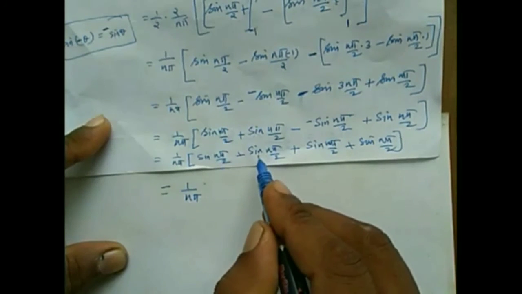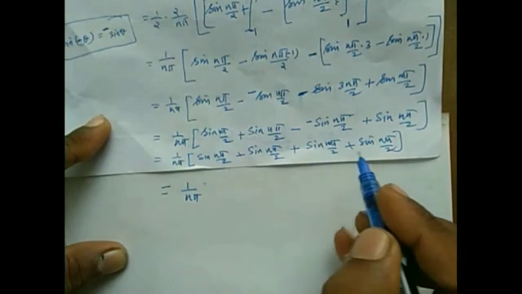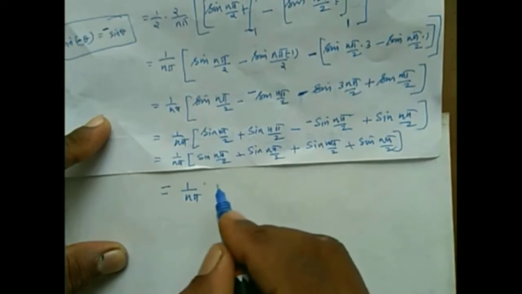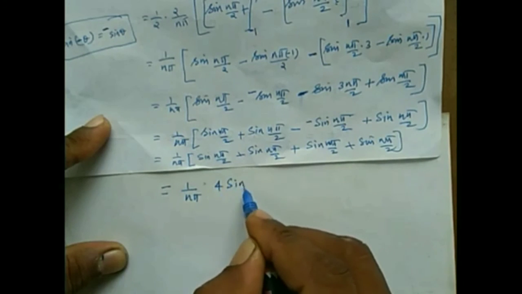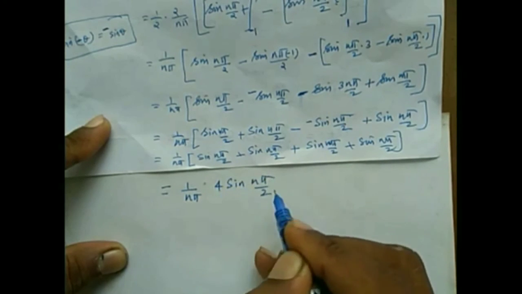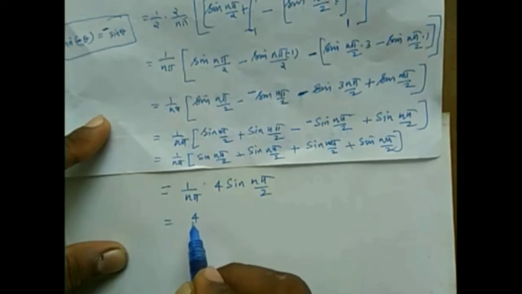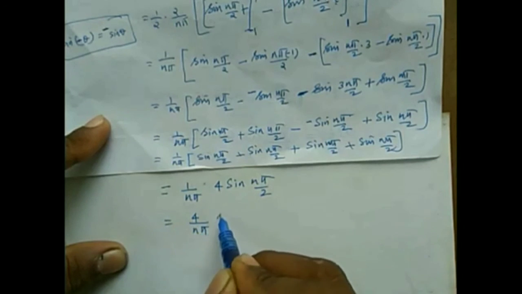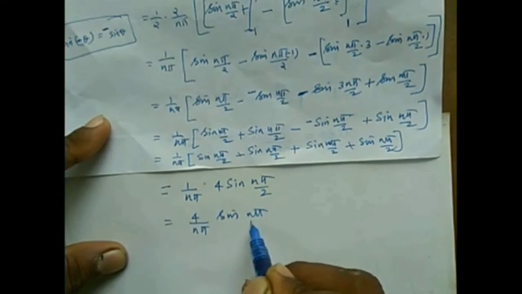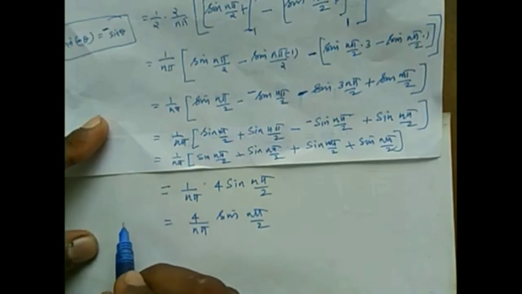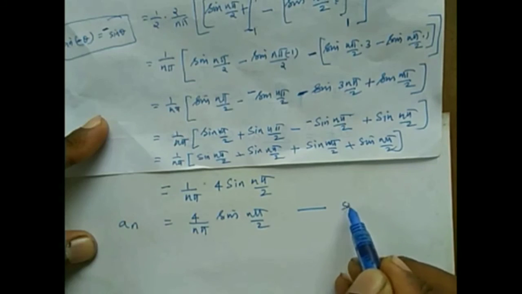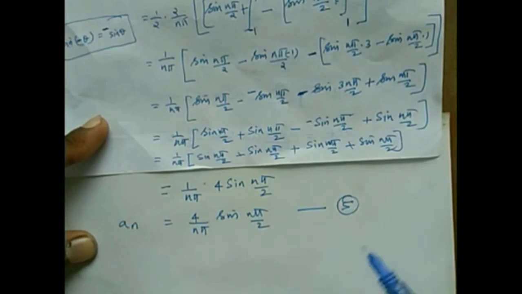Here sin n pi by 2 plus sin n pi by 2 plus sin n pi by 2 plus sin n pi by 2 becomes 4 sin n pi by 2. That is equal to 4 by n pi sin n pi by 2. What was in the LHS? That is a_n. Mark it as equation number 5.